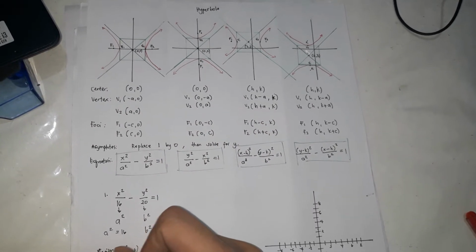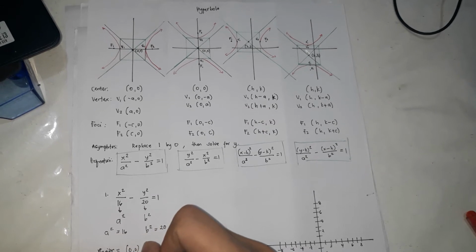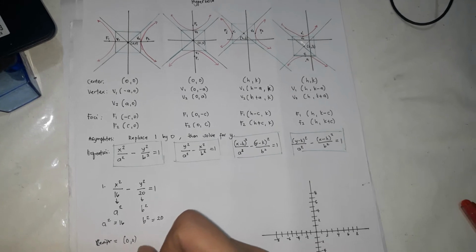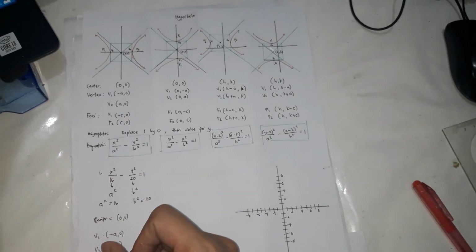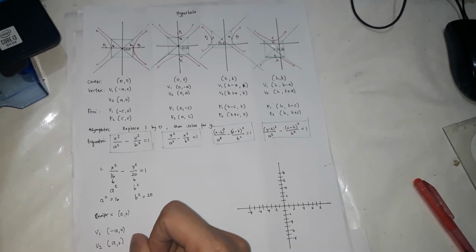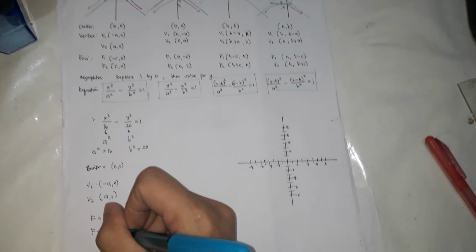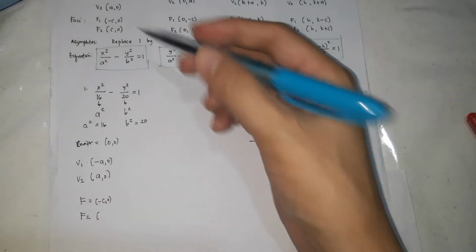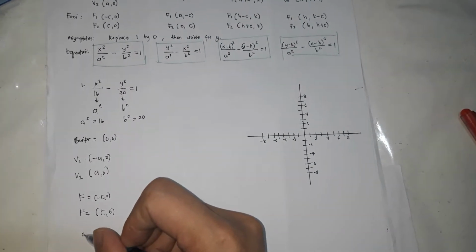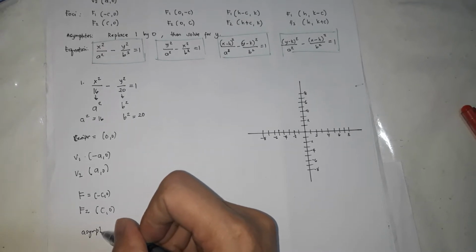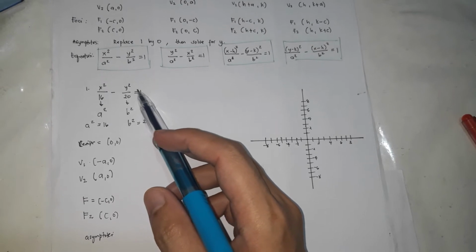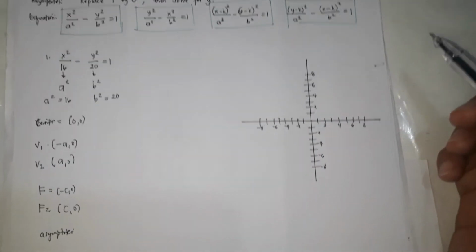The vertex 1 is negative a, 0. The vertex 2, it's a, 0. The foci is negative c, 0. Foci 2, I'm just going to copy it there. It's c, 0. The asymptote, it's by solving the equation. This is our equation. So we'll proceed.